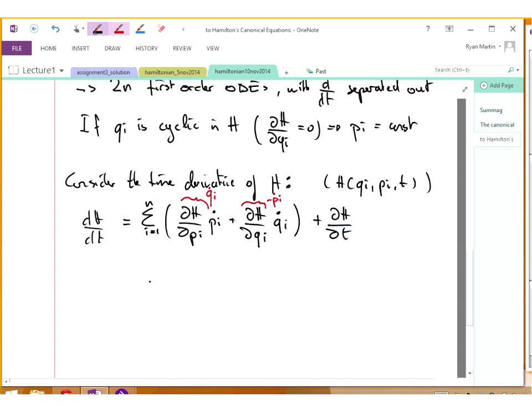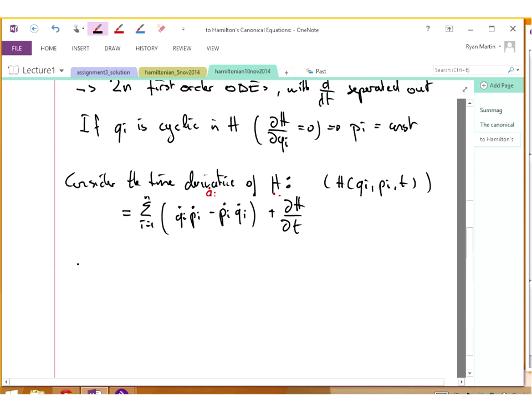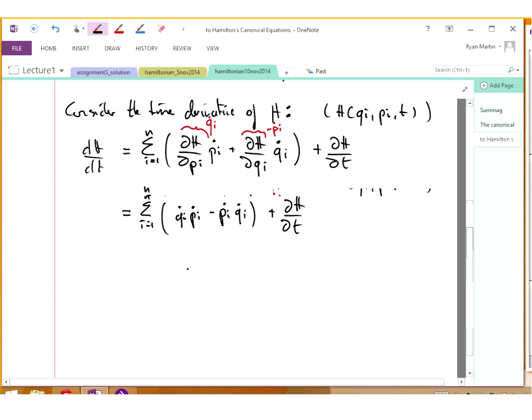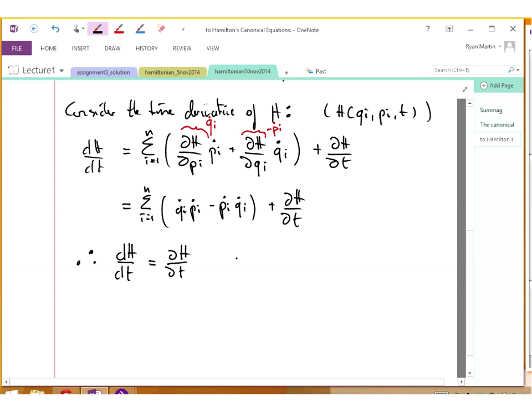So this is equal to the sum from i equals 1 to n of q_i dot p_i dot minus p_i dot q_i dot, which of course is 0, plus ∂H/∂t. And so we find that the total time derivative of the Hamiltonian is equal to its partial derivative, regardless of its form, right?